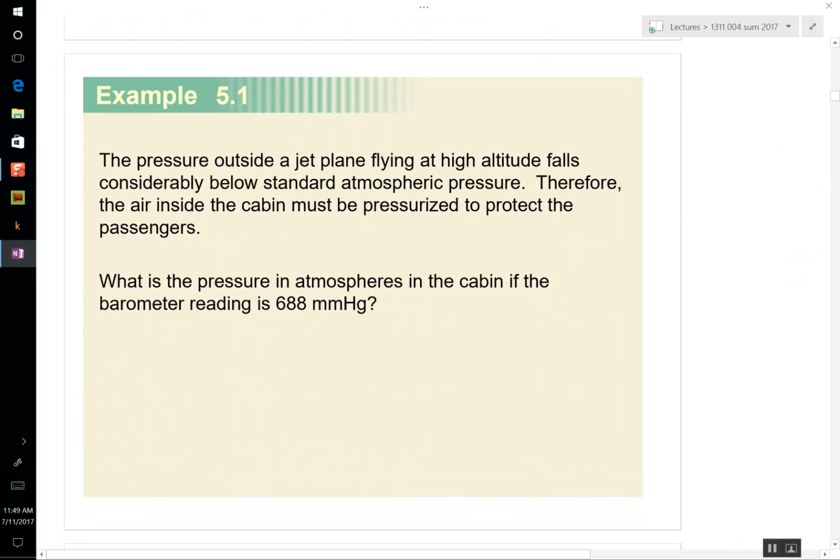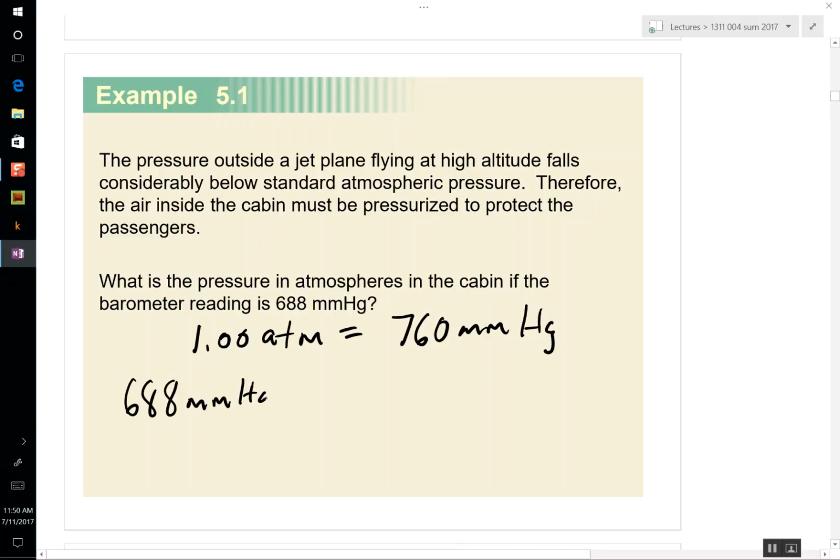Okay, just quickly here, let's do this conversion. 1 atmosphere equals 760 millimeters of mercury. So convert 688 millimeters of mercury into atmospheres.